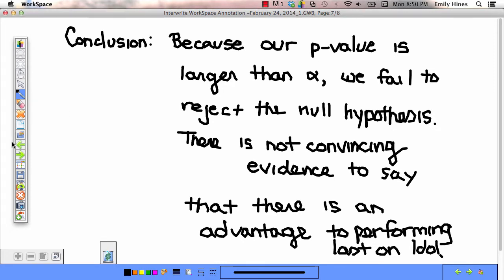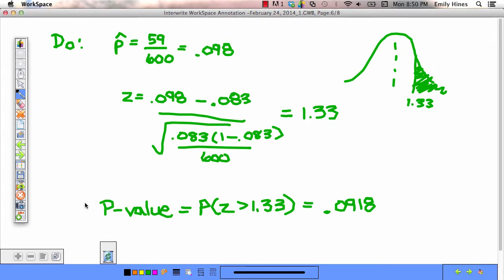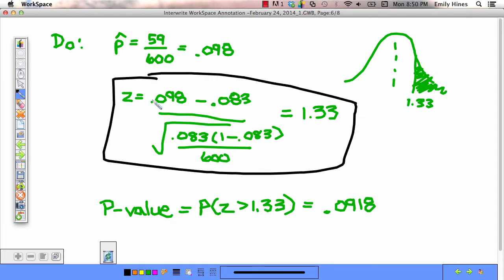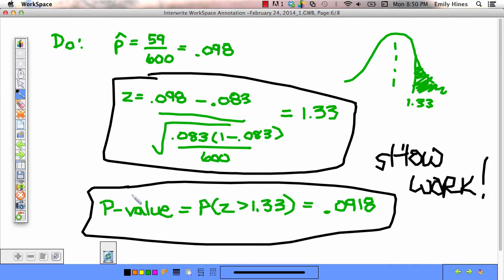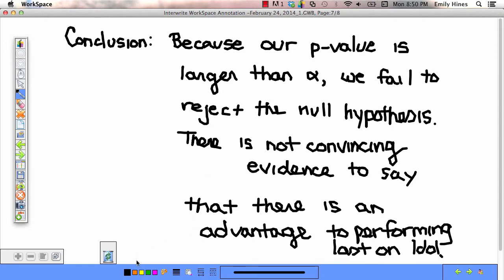Okay, so let's break down these last couple things. The do: here is my test statistic, here is my p-value. Those are the two most important things with the do, and the fact that you must always show your work. And then for the conclude, you can literally fill in the blanks. Because our p-value is either larger or smaller than alpha, we fail to reject or reject the null hypothesis.